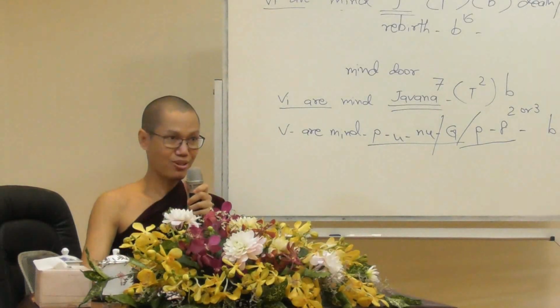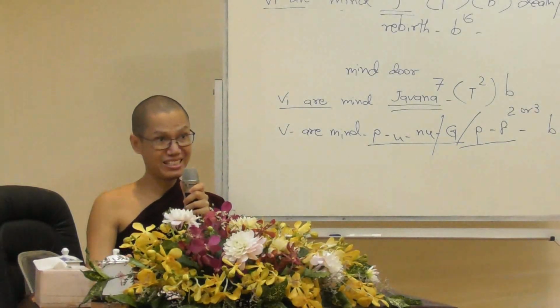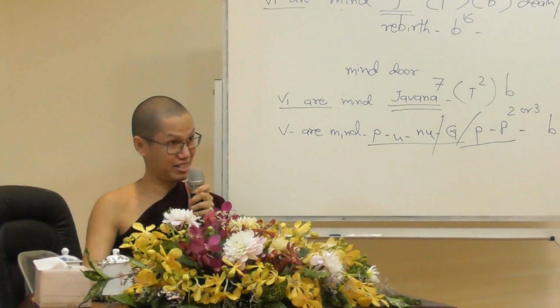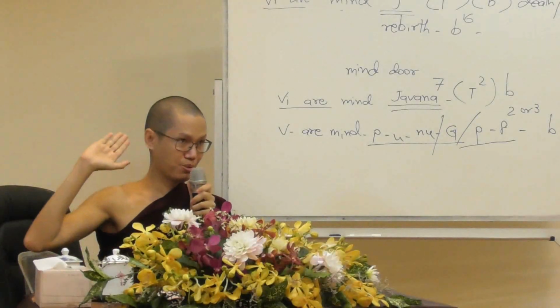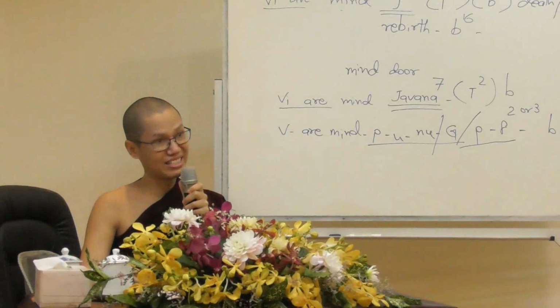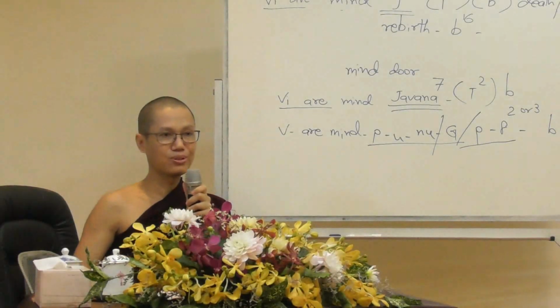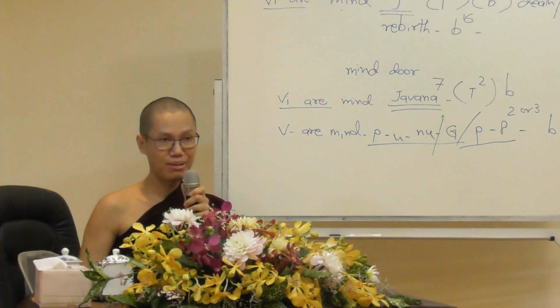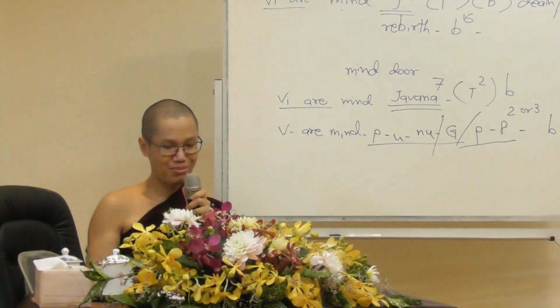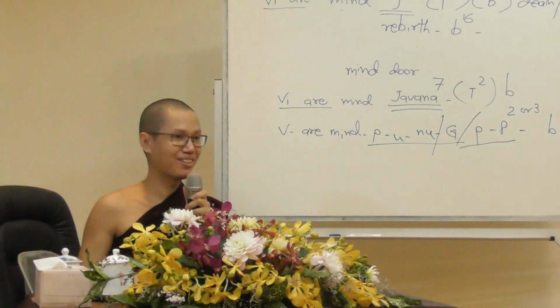It is just a wrong view, not reality. To remove that, we need to understand what are materialities and what are mentalities. To remove a creative view, we need to reflect on cause and effect. If so, we will be able to accept non-self. Okay, this is about the explanation of non-self.